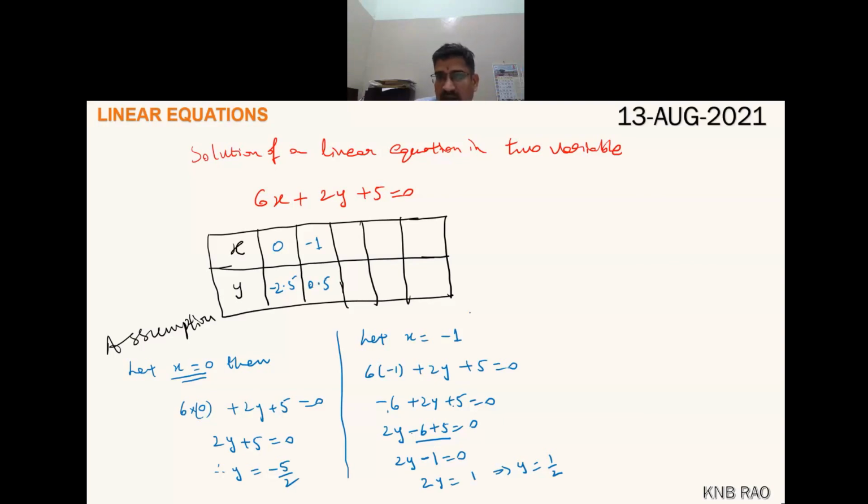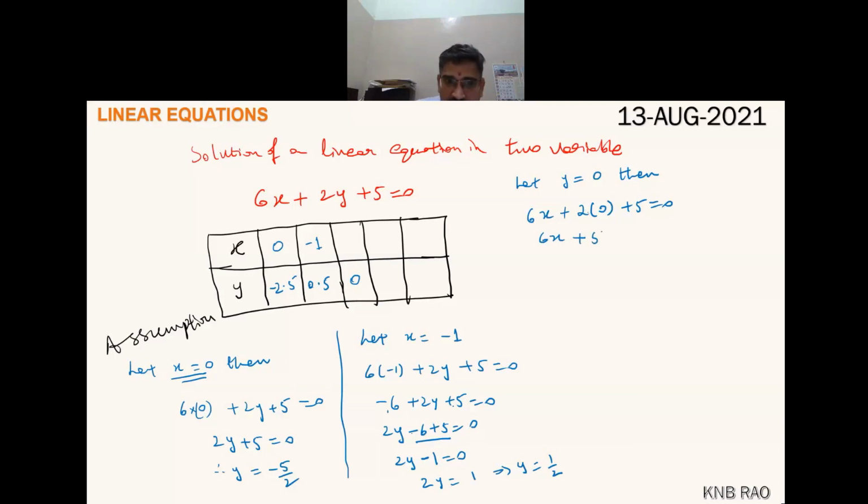Is it compulsory to assume the value for the variable x only? No. You can assume a value for the variable y also. If I assume the value of y is 0, then the equation becomes 6x plus 2 times 0 plus 5 equals 0. So 6x plus 2 into 0 is 0, it goes off.